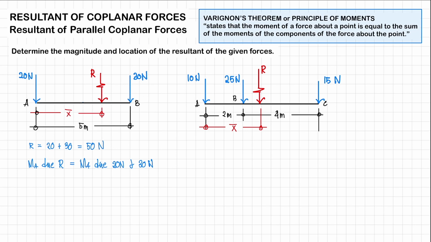So we're going to write an equation from this statement. Moment at A due to R is R times bar X for your perpendicular moment arm.